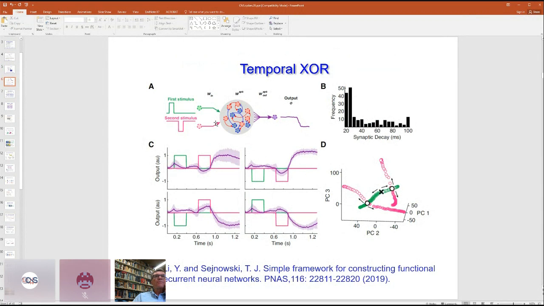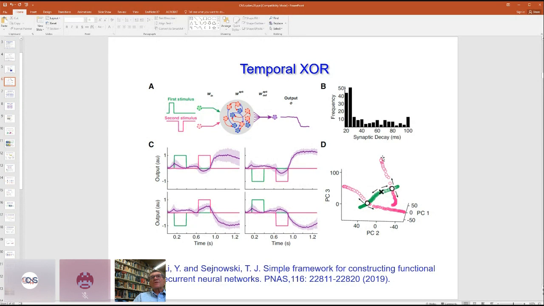On the first input, the green one here, starting from the starting point in the center, depending on whether it goes up or down, the trajectory of the internal dynamics goes to the left or the right. And then when the second one comes in, you get the bifurcation again and the decision.